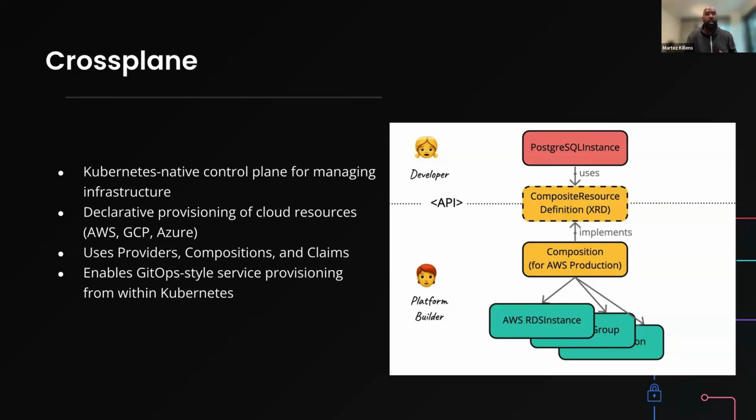And in this picture we see here, this is just one of the abstractions that Crossplane provides. It allows developers to provision high-level resources, and then your platform team or your platform builders can go out and create these things called composites, right? We could think of these composites as little blueprints.